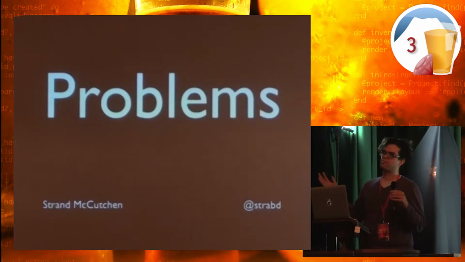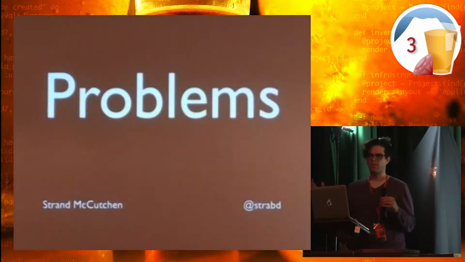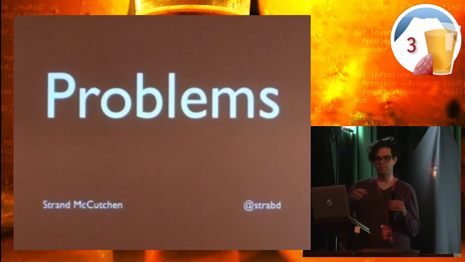But I had problems. I was loading the code in IRB, like I would load the file itself, and that would work. And then I would load the gem, and I would just get comma dude. I was like, what happened to that message?